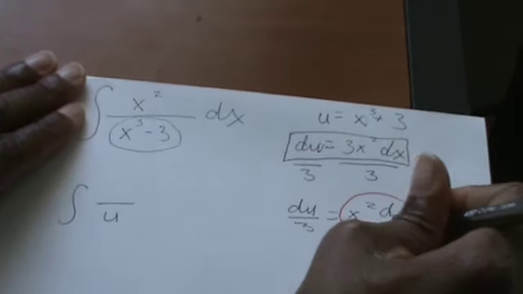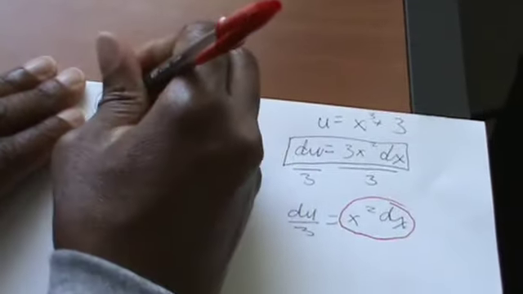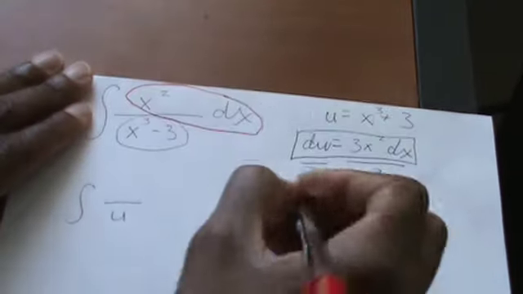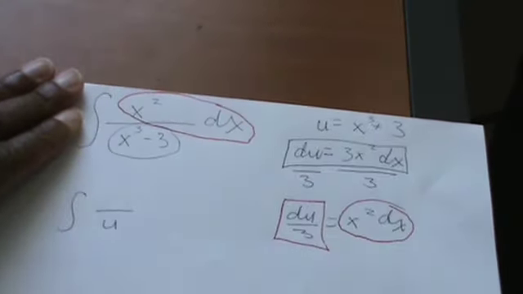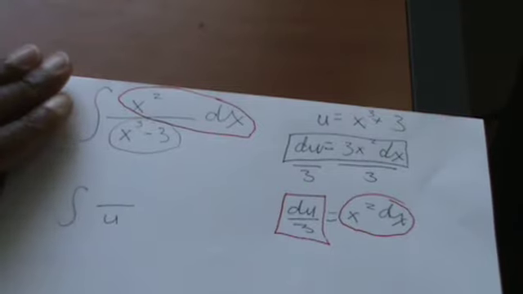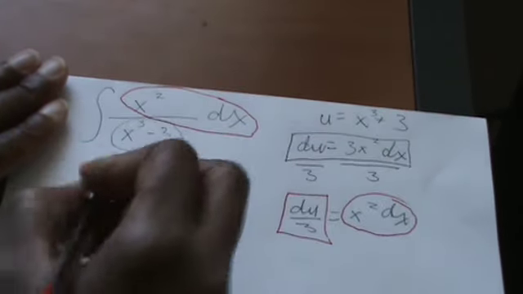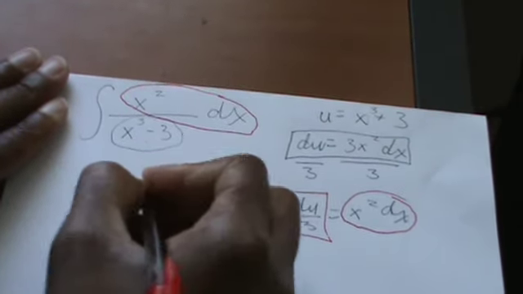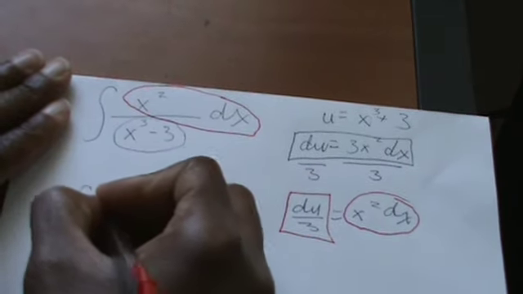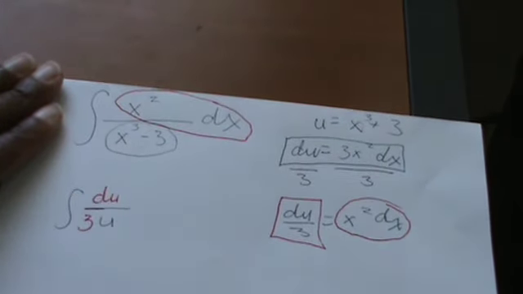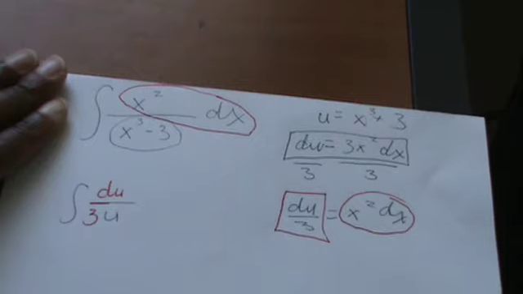Alright, so let me show you where that is. x squared dx is right there. So that's where I'm going to substitute du over 3. Okay? So du divided by 3. So everything's accounted for.